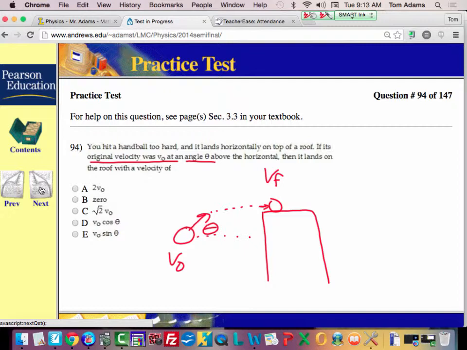To do this problem, I had to assume that this is the max height. Now there's lots of ways you could do this, but the question is, the vertical component of the velocity is what?